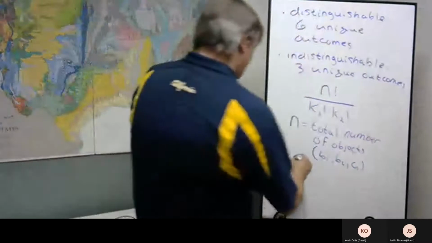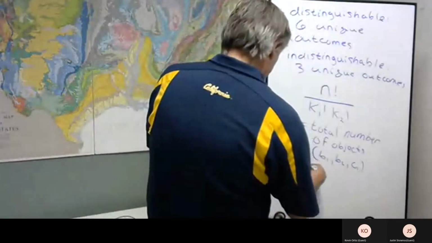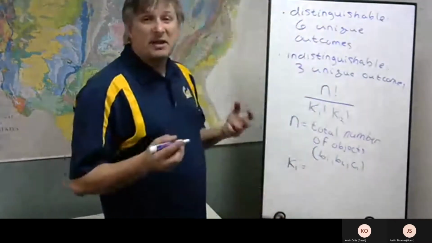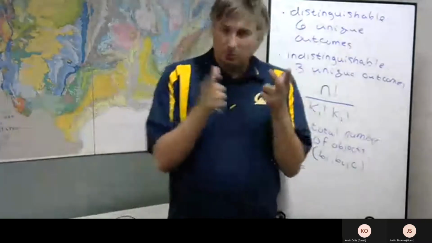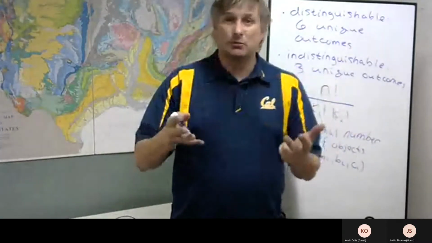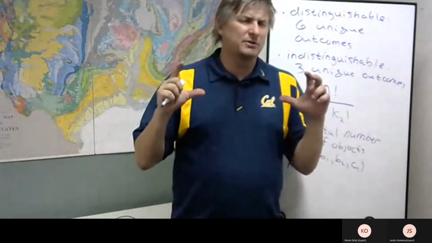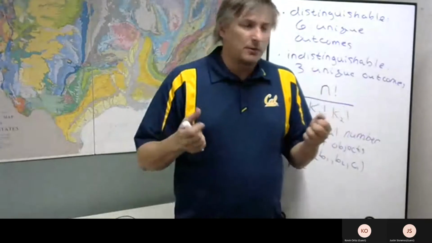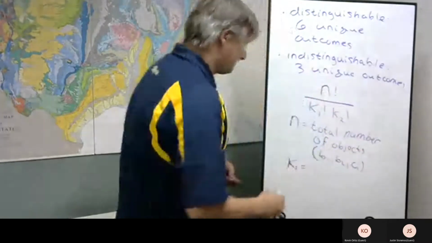Now K1 is the number of B objects. Now B objects is a pool of objects that if we remove their subscripts, they become indistinguishable. So how many B objects become indistinguishable? Well, there is B1 and B2.